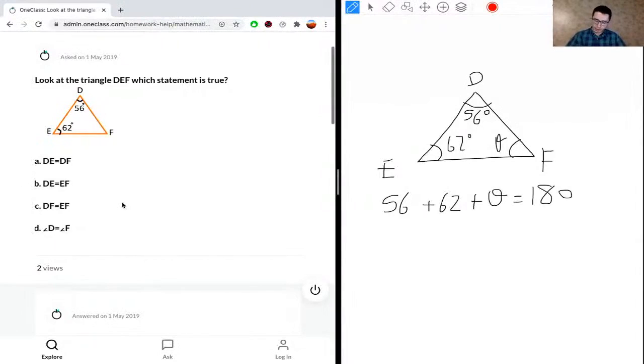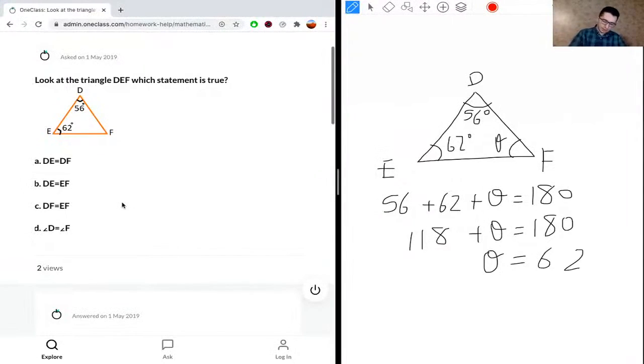So 56 plus 62 gives us 118, plus theta equals 180. This gives us theta equals 62. So we can see that this angle and this angle are identical.